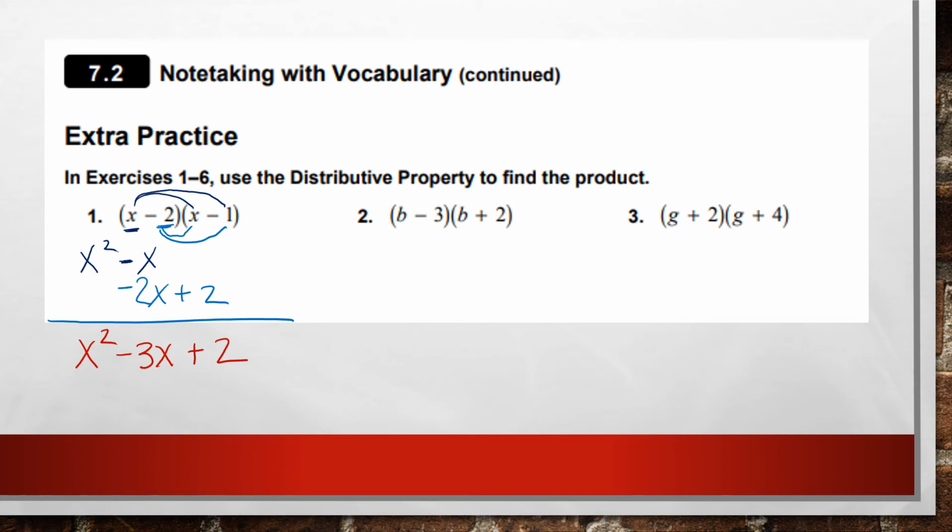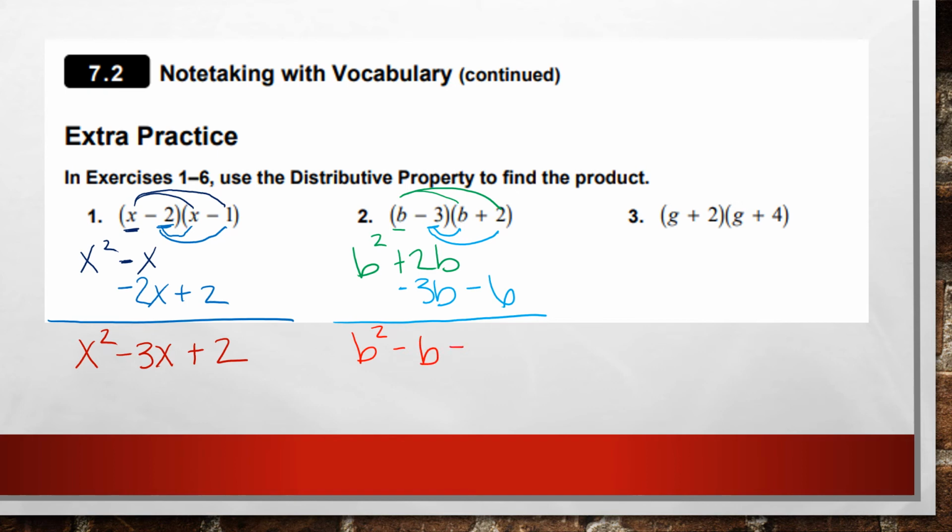Okay. So maybe this would be a good time for you to try number 2 and then just watch the video when you get stuck. I'm going to take this b. This will be b squared. And then plus 2b. Now the negative 3 will be negative 3b minus 6. When I add that straight down, my final answer is b squared minus b minus 6.